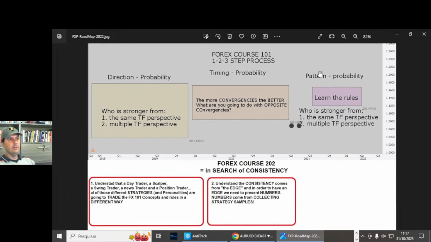You've learned the same concepts, everybody, but you are going to trade them differently depending on your personality. If you're a scalper, you are going to use trend lines in a different way than a swing trader. Does this make sense? If you are a day trader, you might not even bother with the news, while a short-term swing trader on the 1 hour chart or 50-minute chart should bother with the news.